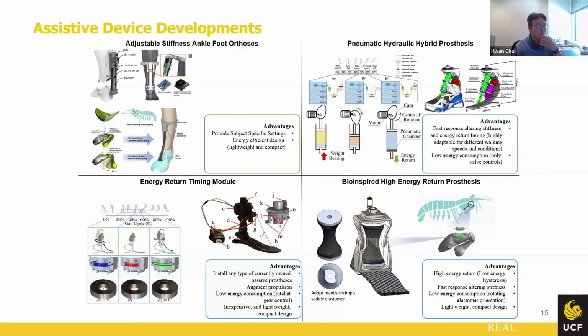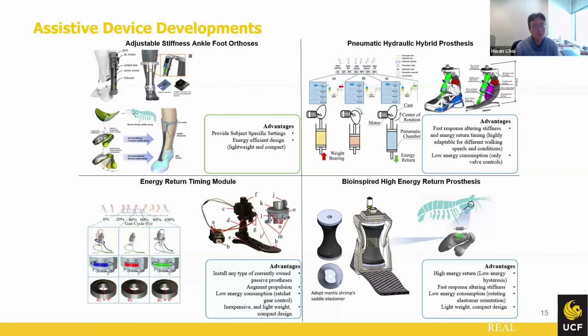And that is also applied to the other bio-inspired high energy return prostheses. Those concepts are pretty similar. And we are also developing pneumatic and hydraulic hybrid prostheses. Although there are some active prostheses out there, unfortunately, the actuators do not work with the passive components.